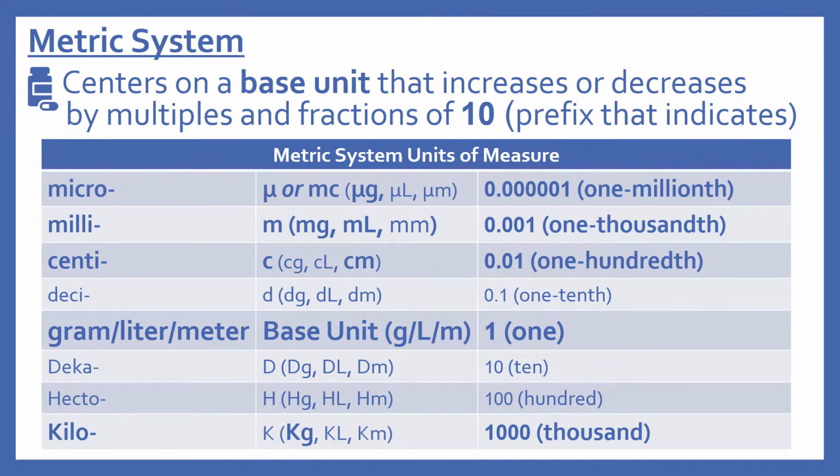So microgram, which is abbreviated with the lowercase Greek letter mu, or mcg. Milligram, which is mg, or milliliter, mL. Centimeter, cm, and then kilogram, or kg.